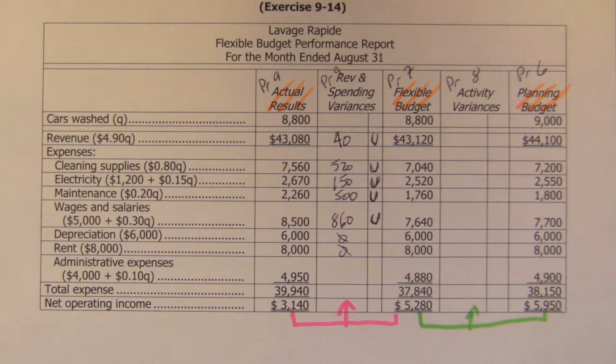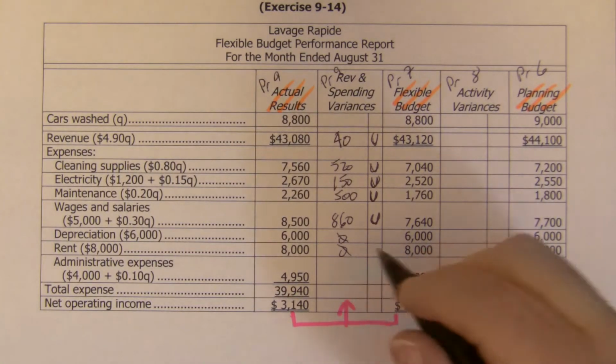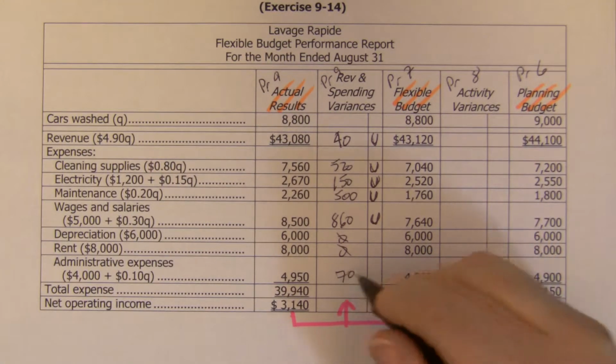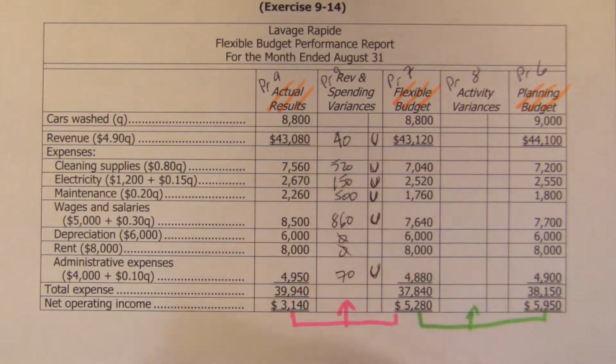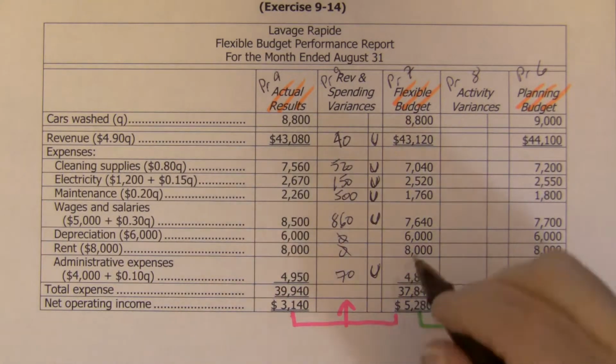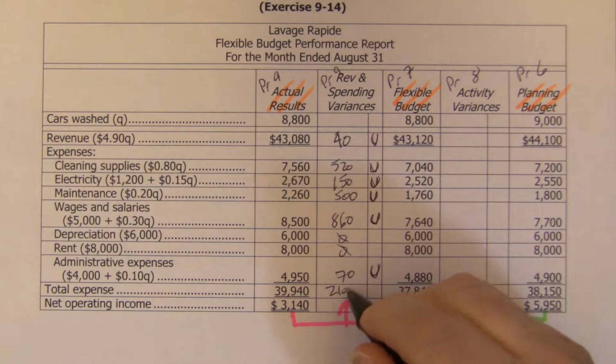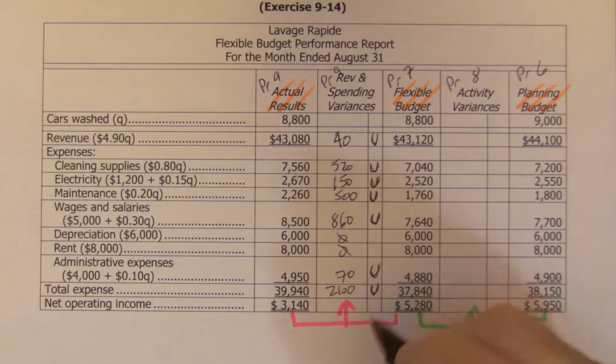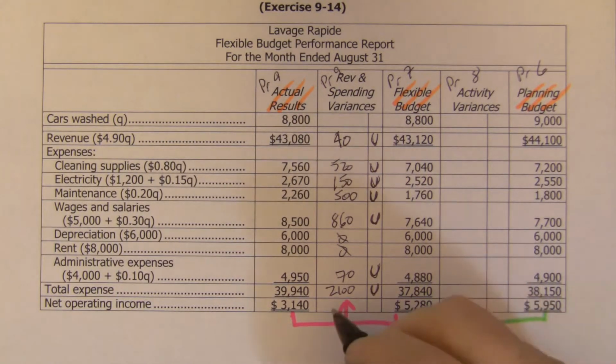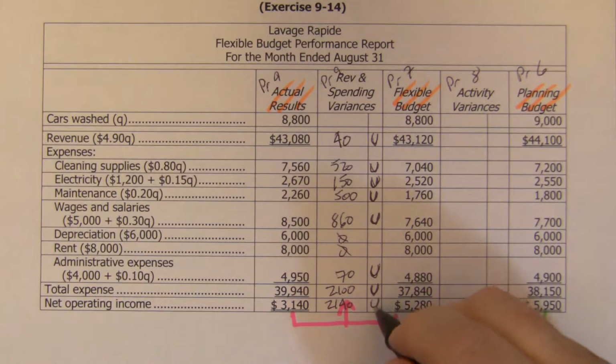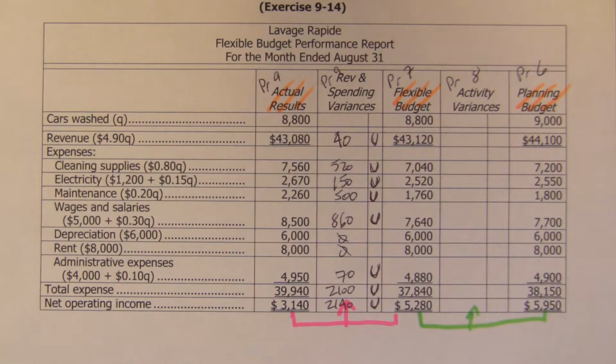The administrative expenses, $70 more, unfavorable. Our total expenses are $2,100 more, unfavorable. Our revenue is $2,140 less, unfavorable. That says, guys, we got to talk. Houston, we have a problem here. This is not good.